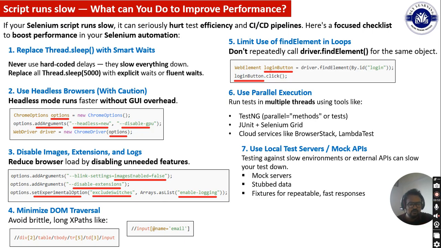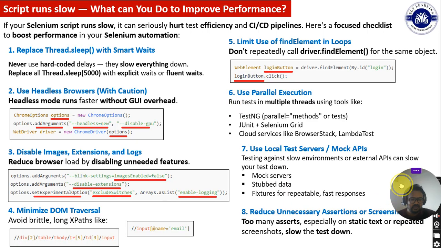Try to mock the server and create mock APIs. It need not look like an actual API, but create a mock API and use it with fixtures, that means different sets of data. Use different sets of data in your response and see how it works. These are the different ways you can try to improve the performance of your slow script.